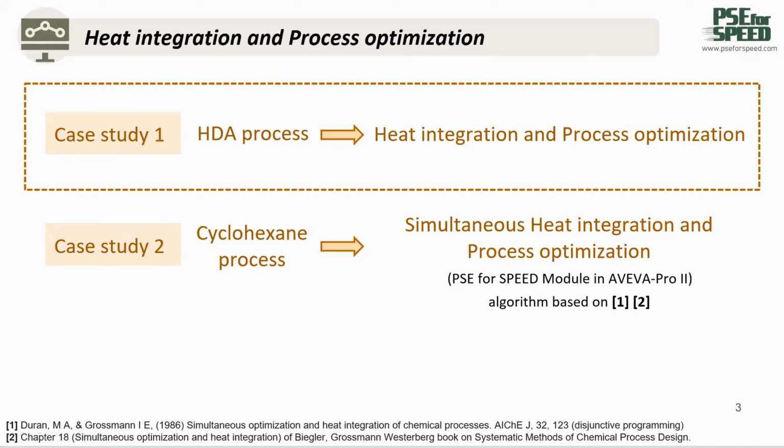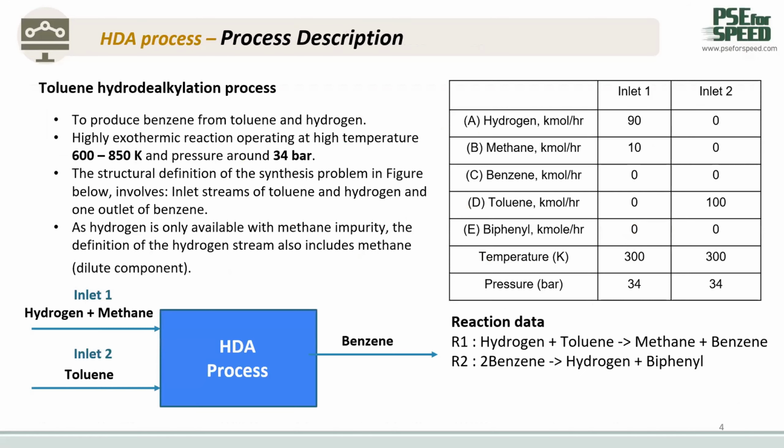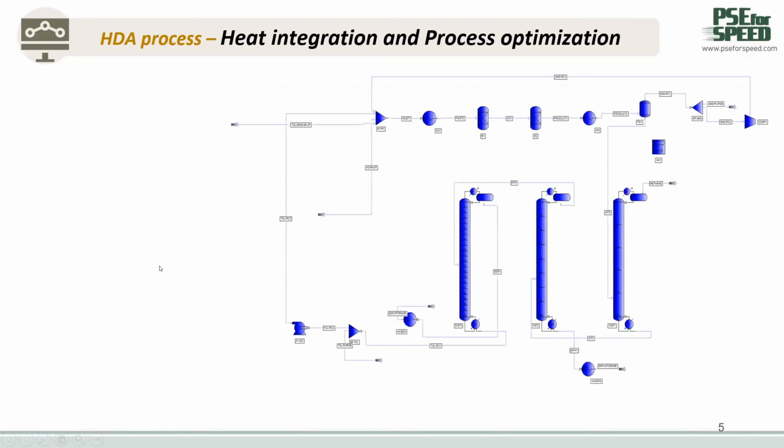So let's start with case study one. Right now, we will continue to use the HDA process like I presented before. As we presented yesterday, in step 5 of ProCAFD, the program will generate the result and tell us what needs to be improved so that we can set the target for improvement.